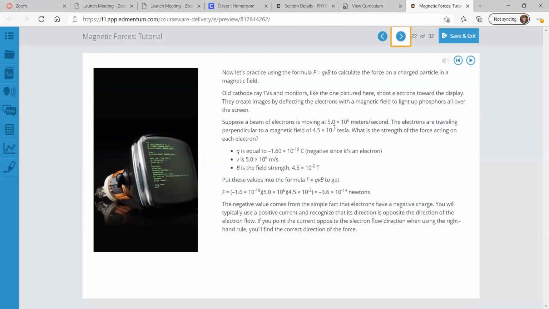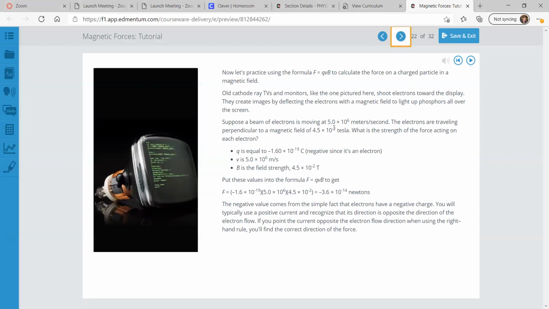If you plug those values into the equation, F equals QVB, you get negative 1.6 times 10 to the negative 19th times 5 times 10 to the 6th times 4.5 times 10 to the negative 2, and you get negative 3.6 times 10 to the negative 14th newtons.